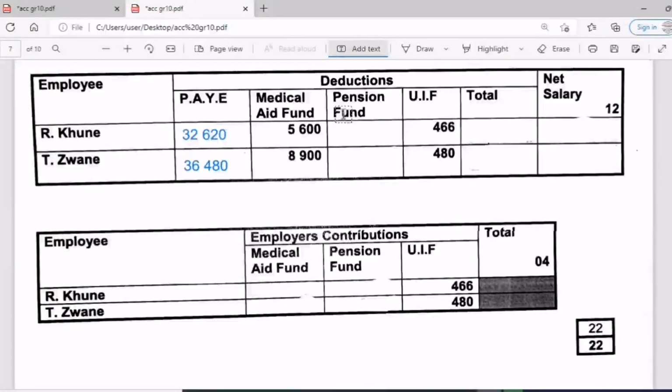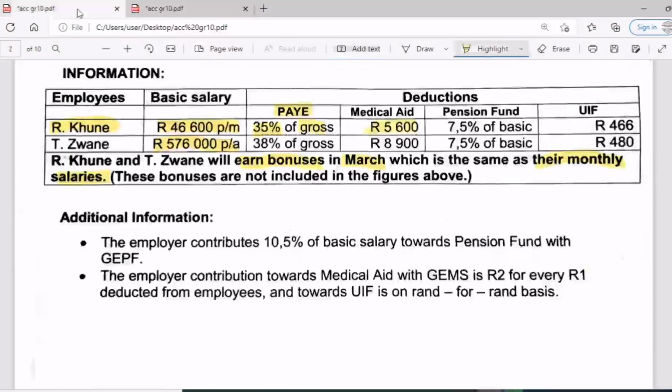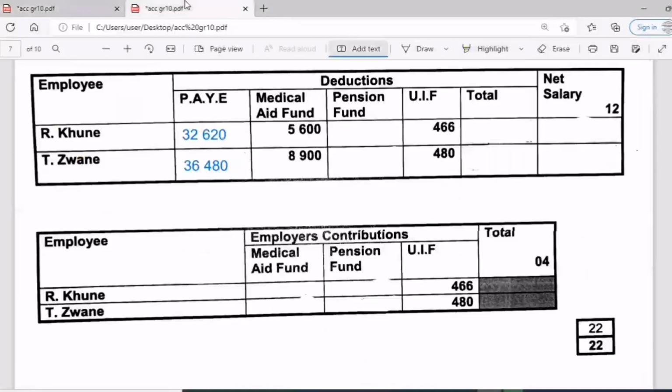And then the next deduction that we have is the pension fund. We are told that this is calculated at 7.5% of the basic salary. So you take the basic salary and apply 7.5% on that for both employees.